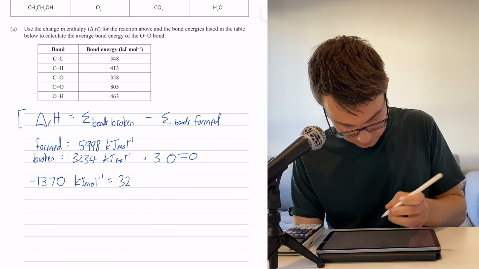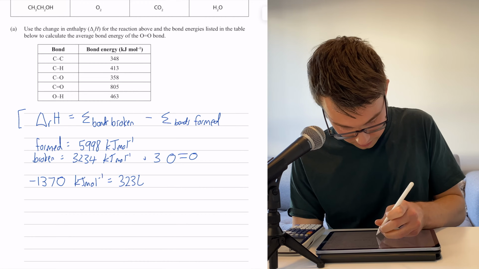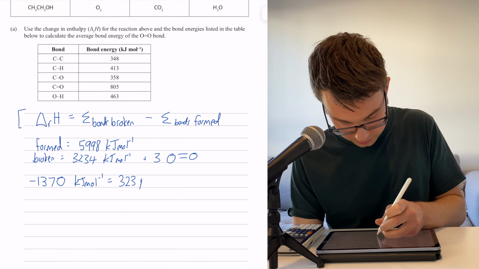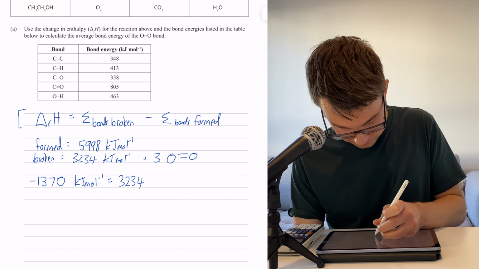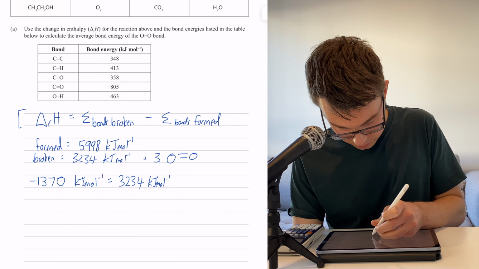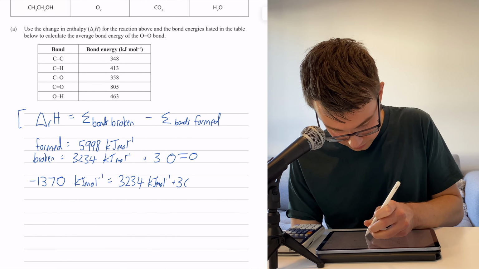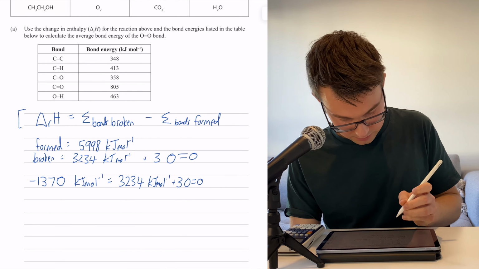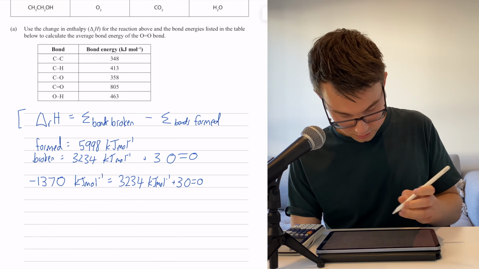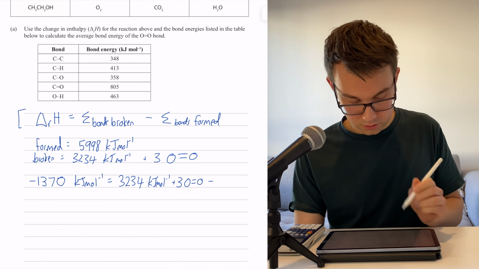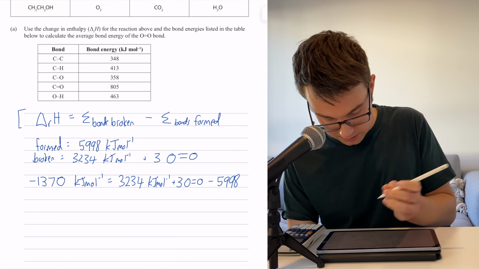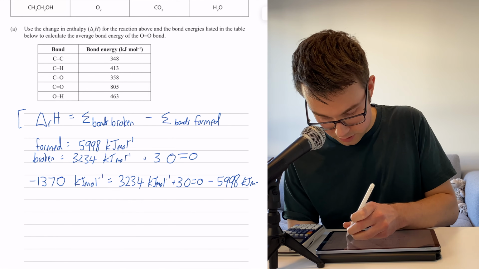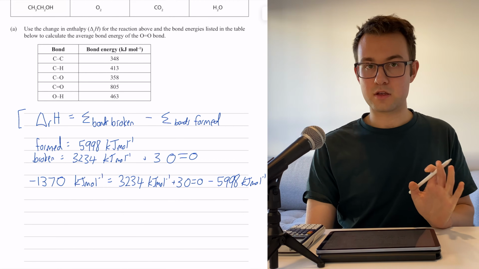Bonds broken is 3234 kilojoules per mole, plus your 3 lots of oxygen, and then you can go minus the bonds formed, which is 5998 kilojoules per mole.